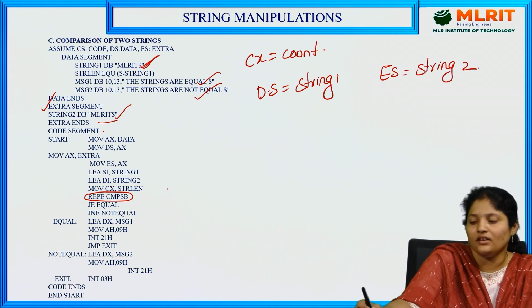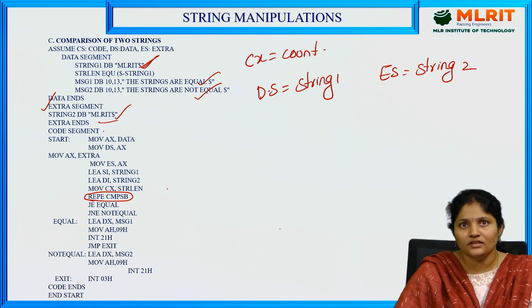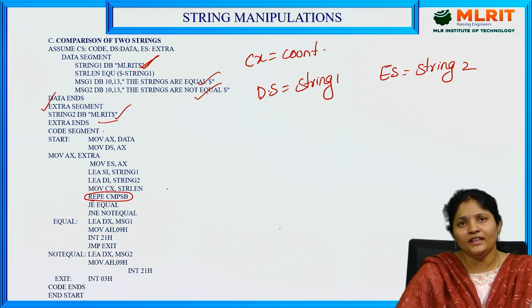If you didn't understand this, please go to the concept of instruction set, in particular string manipulation instructions. There I have already explained. The condition to write this particular instruction is that the count should be in the CX register, the data segment should hold string 1 and the extra segment should hold string 2.